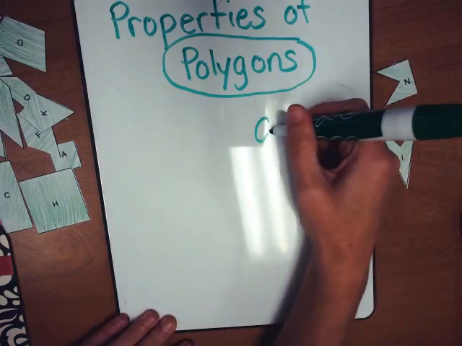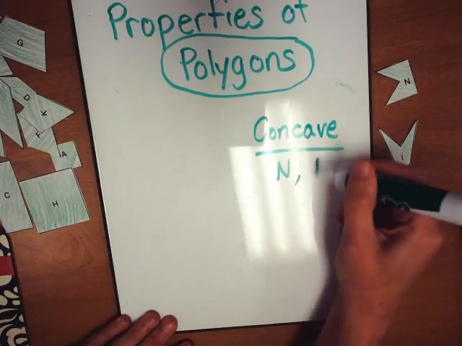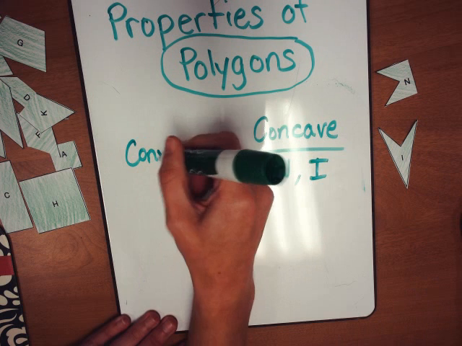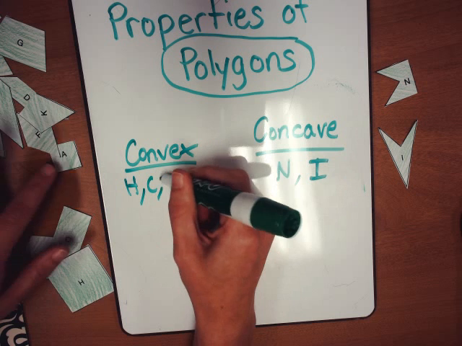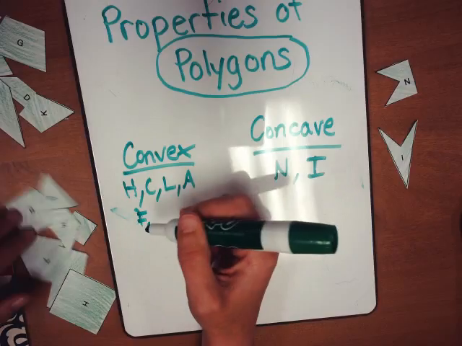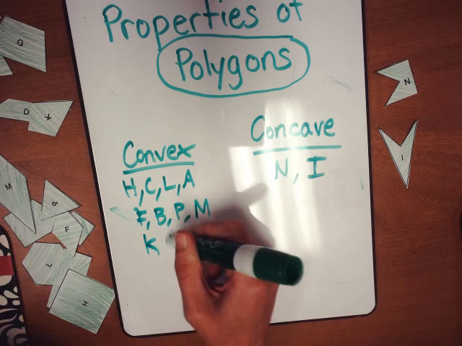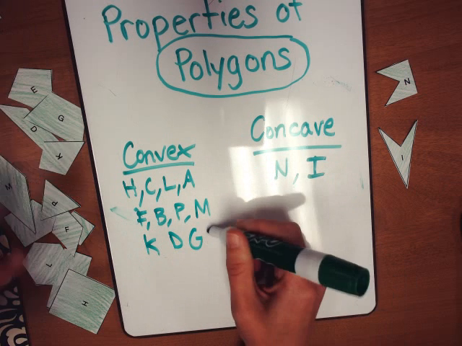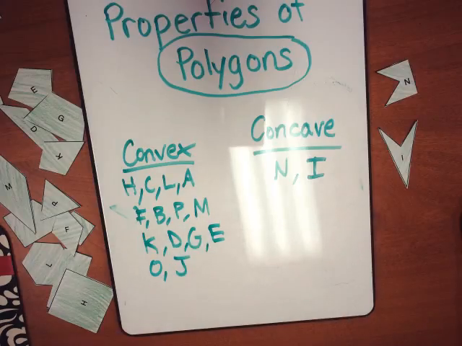Okay, so I had concave, and those were polygon N and polygon I. Then I had convex, that's polygon H, C, L, A, F, B, P, M, K, D, G, E, O, and J. Okay, so in your notebook, you need to record 3 additional ways to sort your polygons.